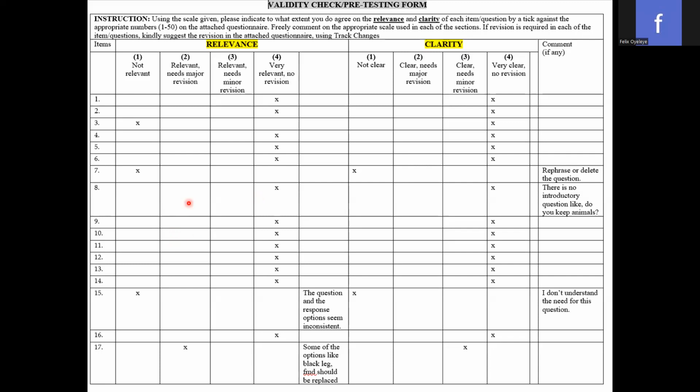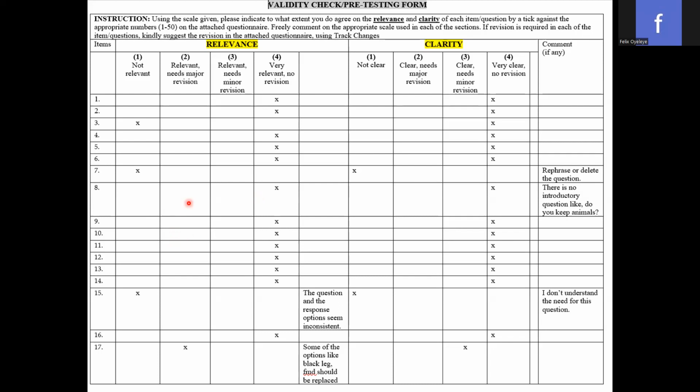So we usually factor that in when we design questionnaires. That is why I say ideally, your questions, those questions are what we refer to as items. Ideally, your items should not be more than 30.